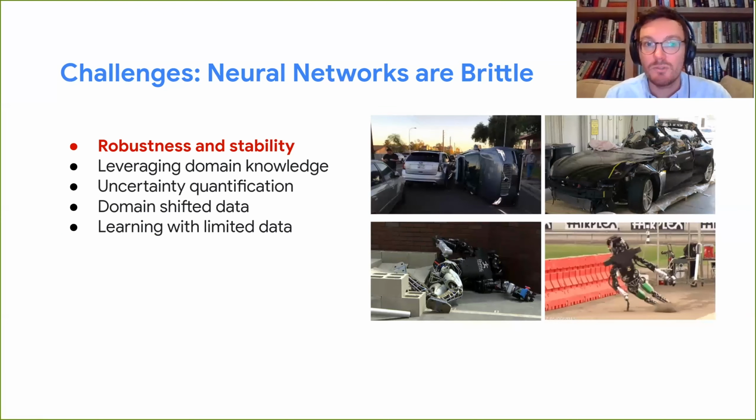So we really need to start to think about how we can improve the robustness of such models, or how we can better leverage some domain knowledge about the problem under consideration. We also need metrics for quantifying the uncertainty in the predictions that we make. And we need new strategies to better deal with domain-shifted data during inference time.